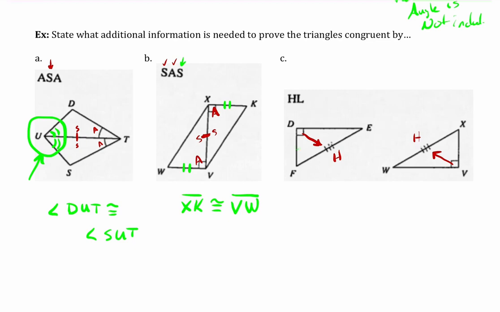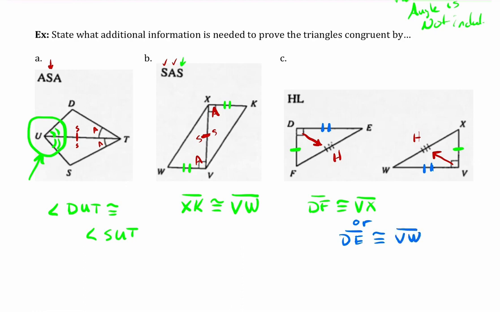DF would have to be congruent to VX, or, and this one works just as well, DE is congruent to VW.